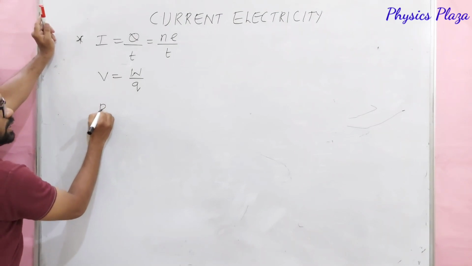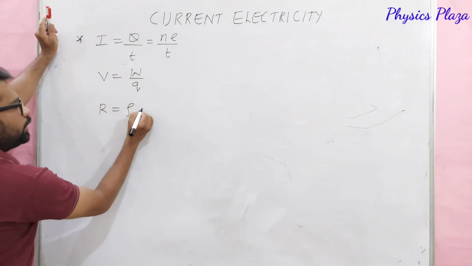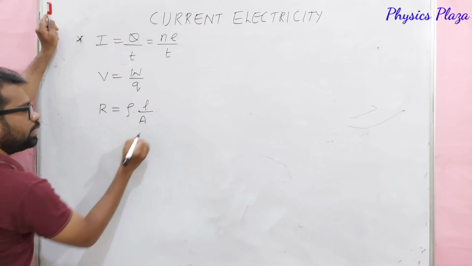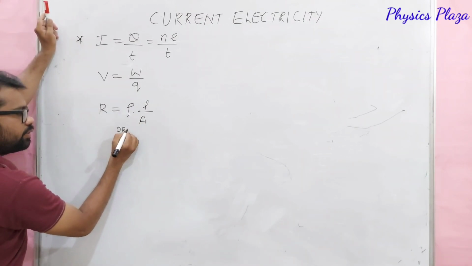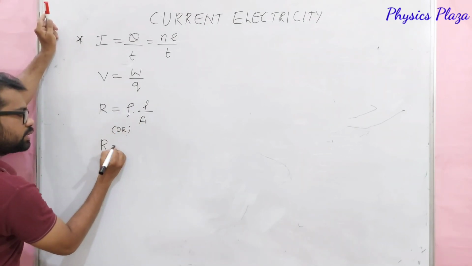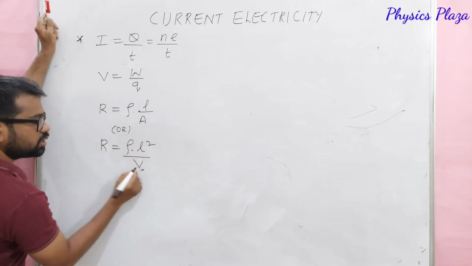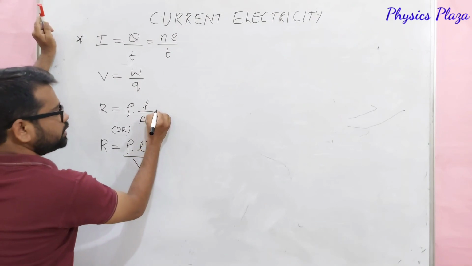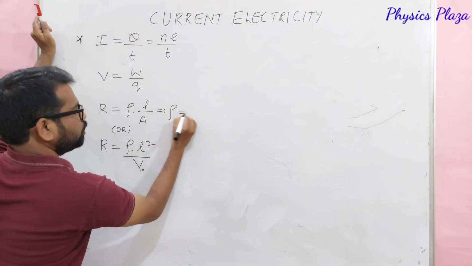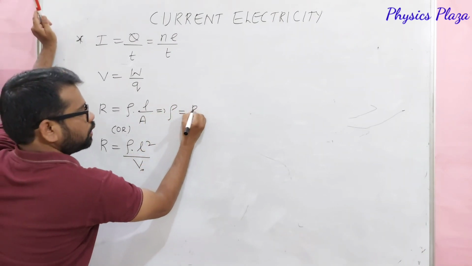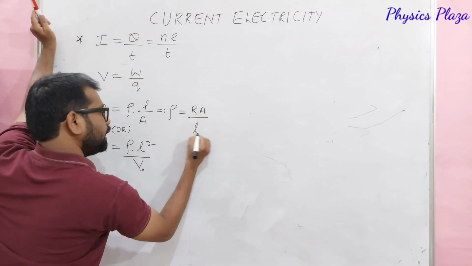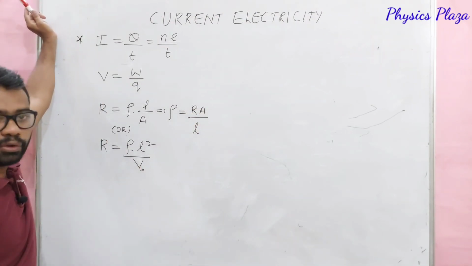Resistance is equal to rho into L by A. Or we can also write R is equal to rho into L square by V, when volume remains constant. From this we can write rho is equal to R into A by L.